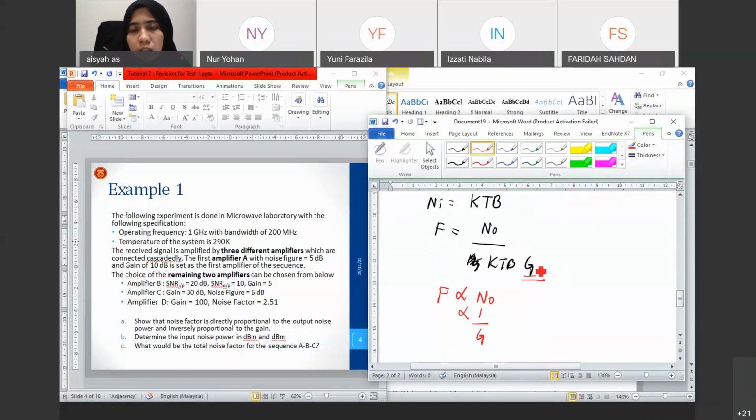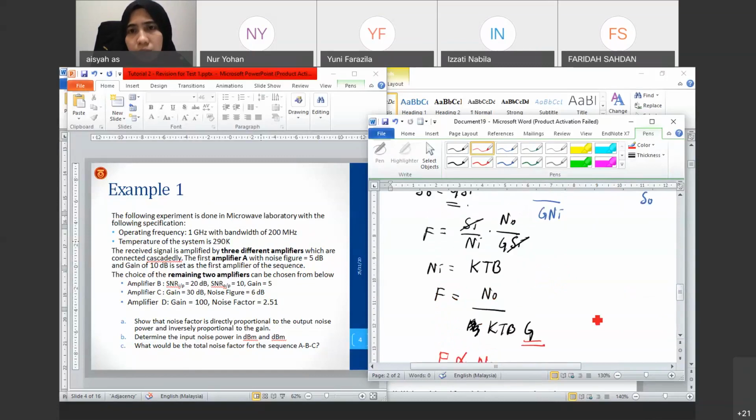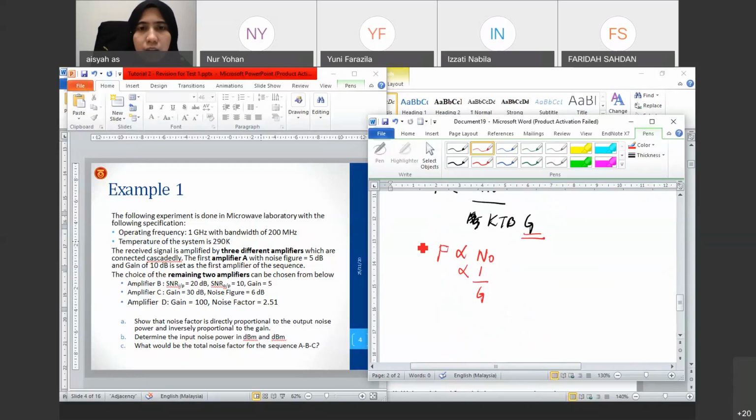SO equals NO, so you will get G. For these questions, you can prove until here, but it's better if you put the noise equal to KTB, and KTB is constant, so you can prove that F is proportional to NO and inversely proportional to gain.